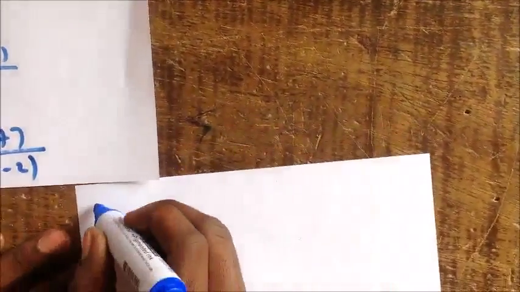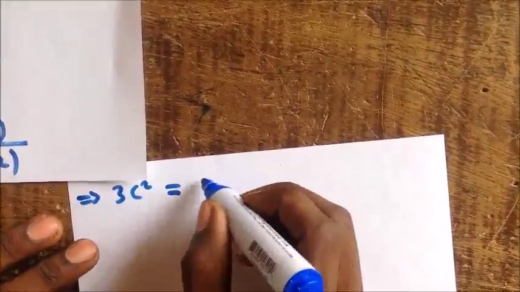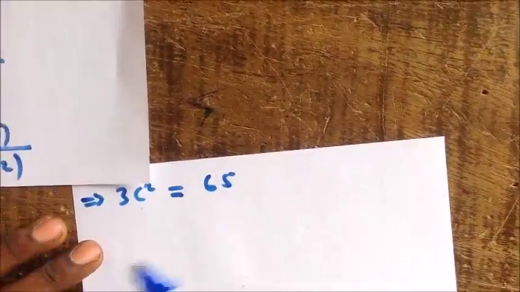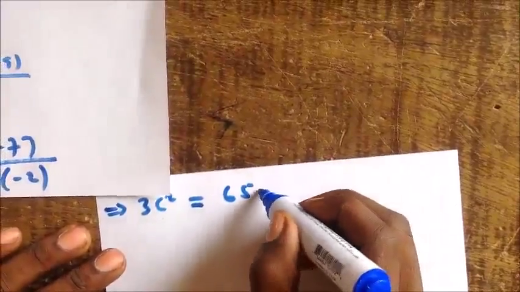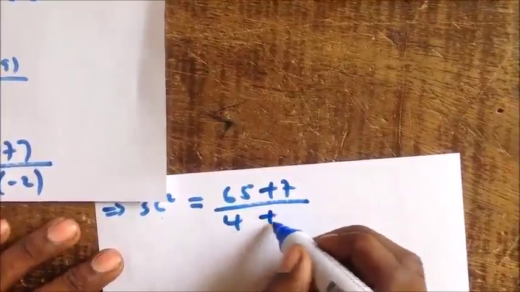Then 3c squared is equal to 65 plus 7, divided by 4 plus 2.